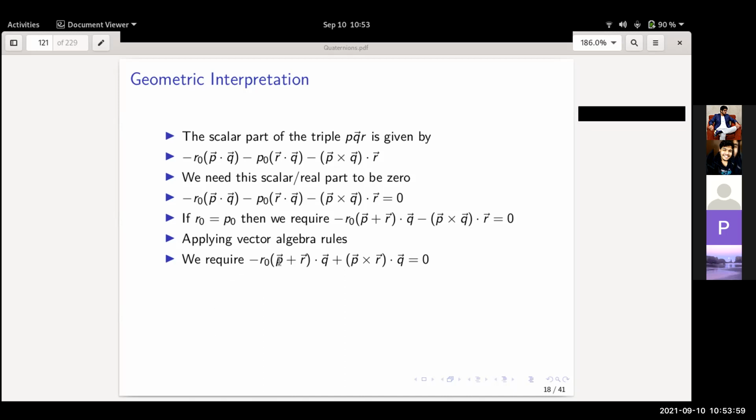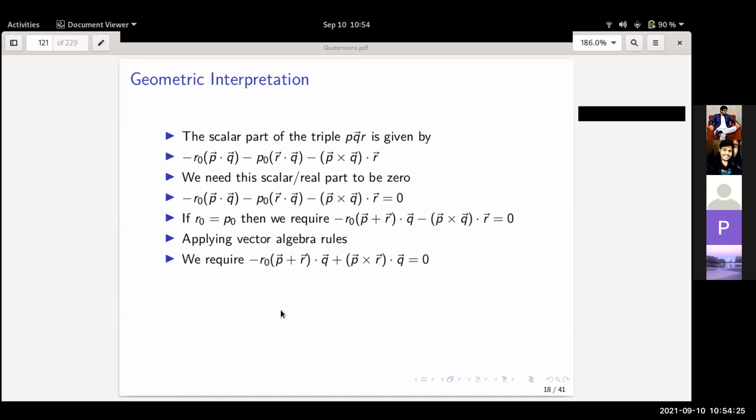So P naught square plus P dot R is equal to 0, or P naught R naught plus P dot R. If we set it to 0, we might get something.